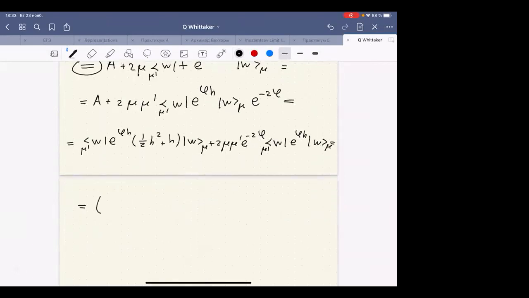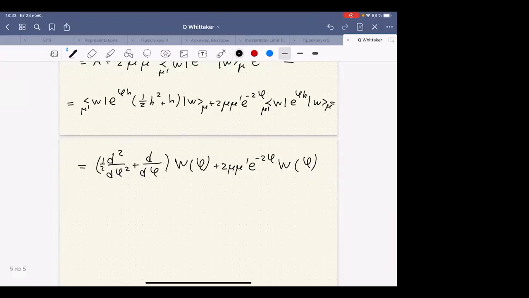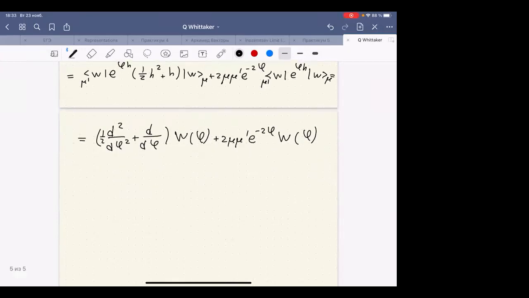The first is one half of the second derivative plus the derivative with respect to phi. And thus we see that the Whittaker vector satisfies the following differential equation.